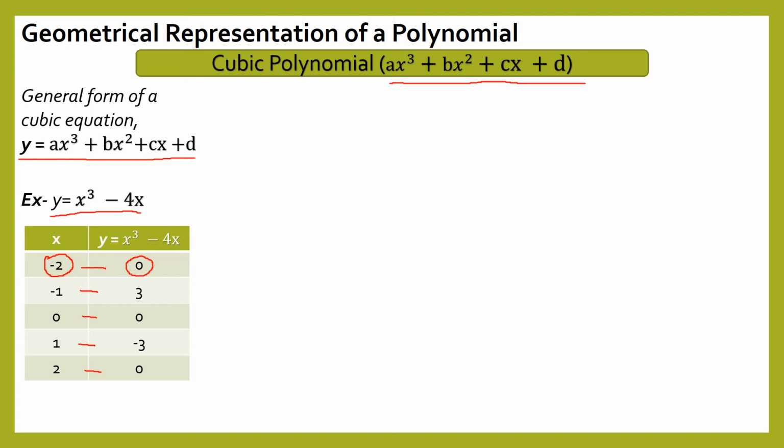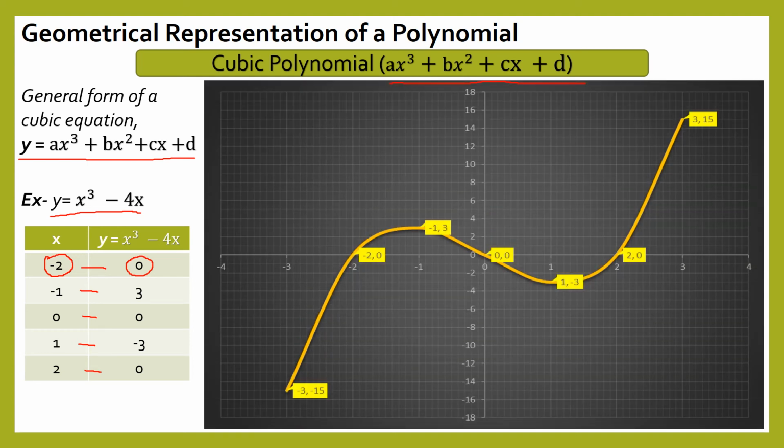So let's see how this curve looks. This curve will look like this. We can see that the curve intersects the horizontal axis at 3 different points. First point is (minus 2, 0). Second at the origin (0, 0).